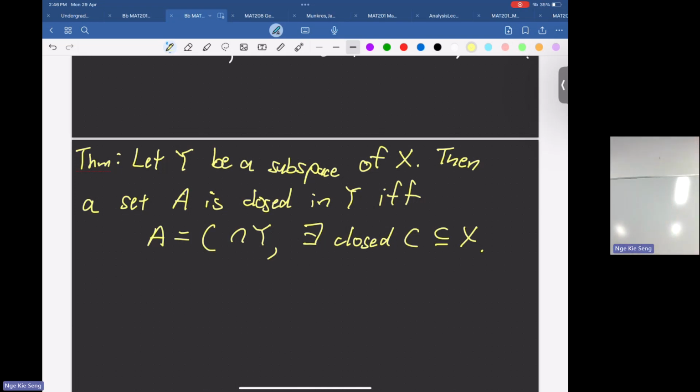We say that something in the subspace is open if it is the intersection of the subspace with an open set. We have a similar description for closed sets as well.